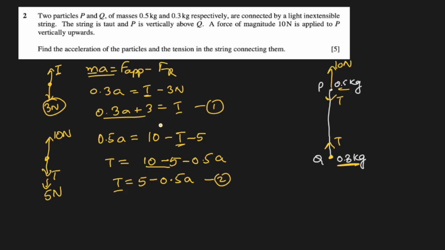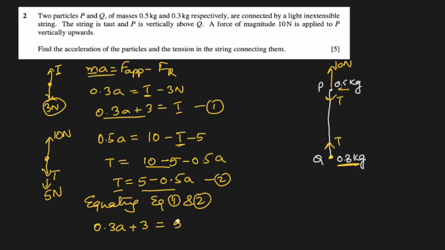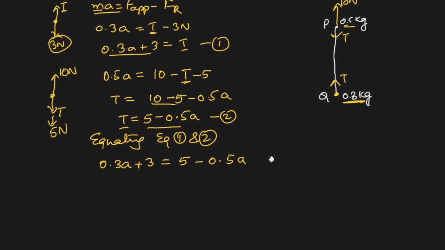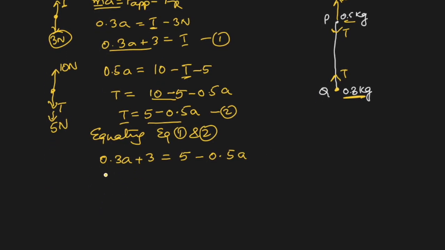Both are in terms of T. We can equate the other sides of T. So equating equation 1 and 2. What do we get? 0.3A plus 3 is equal to 5 minus 0.5A. Now we'll collect A's on one side and we'll get our acceleration.